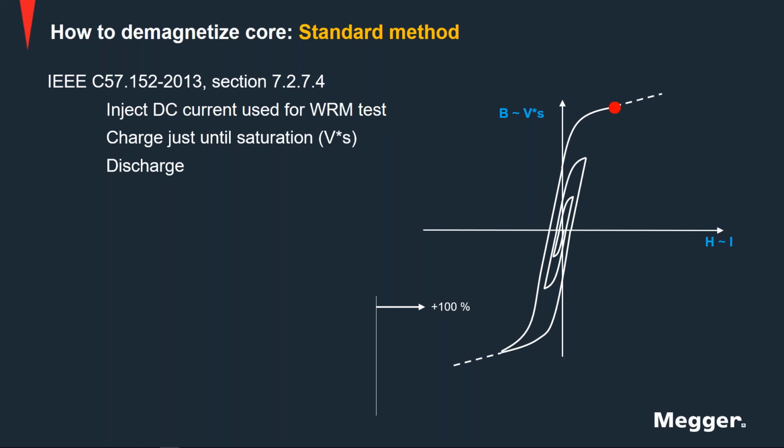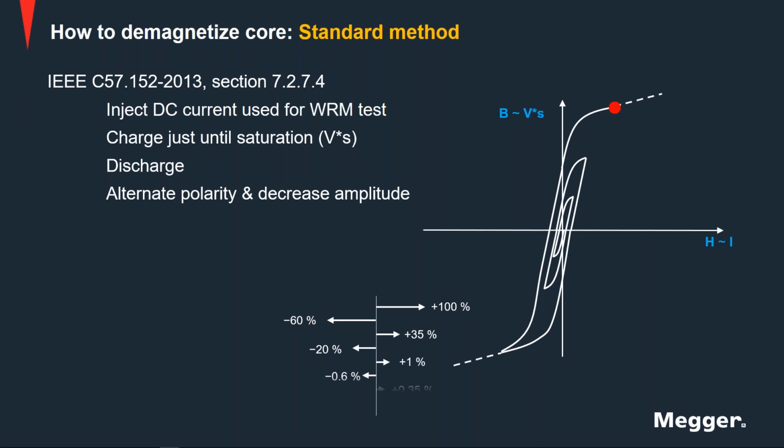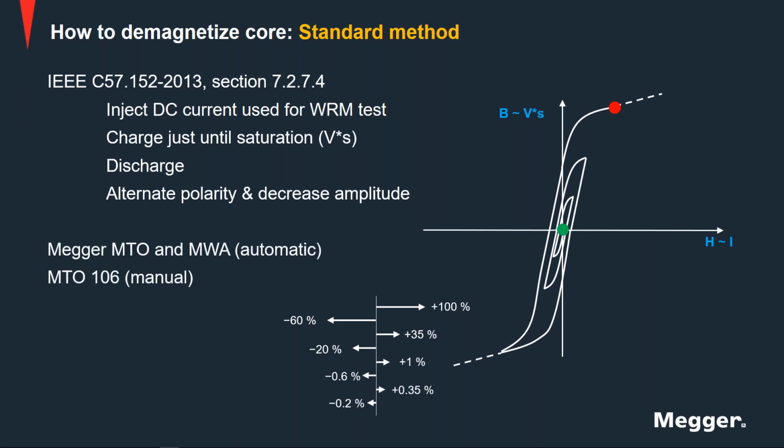After that, you are going to alternate polarity and decrease amplitude. This is something that the Megger MTO and MWA do automatically, and with the Megger MTO 106, you can do manually. This will alternate polarity and decrease amplitude until you've reached a low enough point where the transformer has been satisfactorily demagnetized.